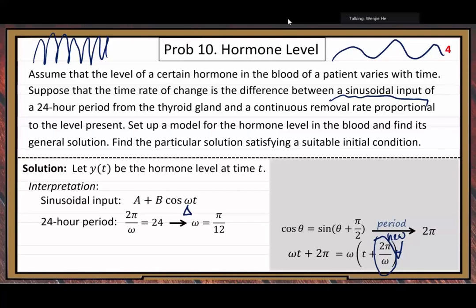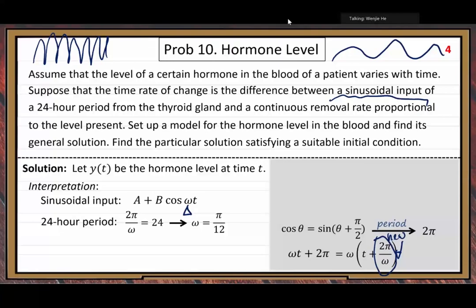So next, capital A, capital B. Because the problem says find a particular solution satisfying a suitable initial condition, those could be determined by a suitable initial condition. Otherwise, how do we know capital A, capital B?